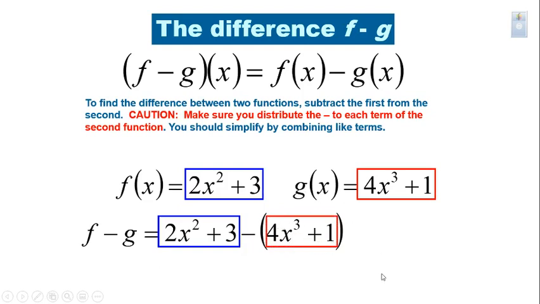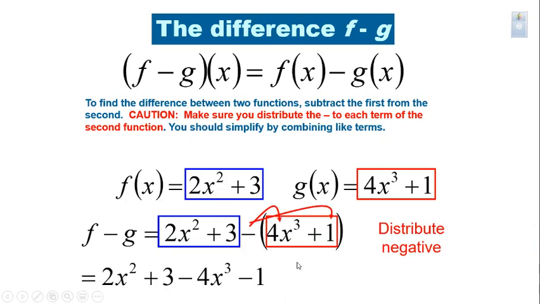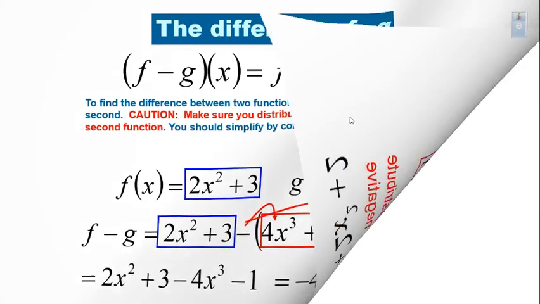Those parentheses are very important because we're saying we're subtracting the whole expression. Then I can distribute the negative to each term and both signs change. And then from there I can combine like terms, write it in standard form in this case, negative 4x cubed plus 2x squared, and then 3 minus 1 is 2. So remember now, when we're doing a subtraction, you must distribute the negative as appropriate. You're subtracting the whole function.